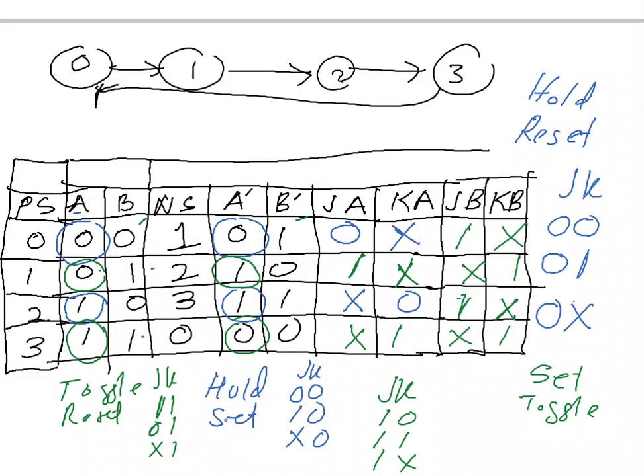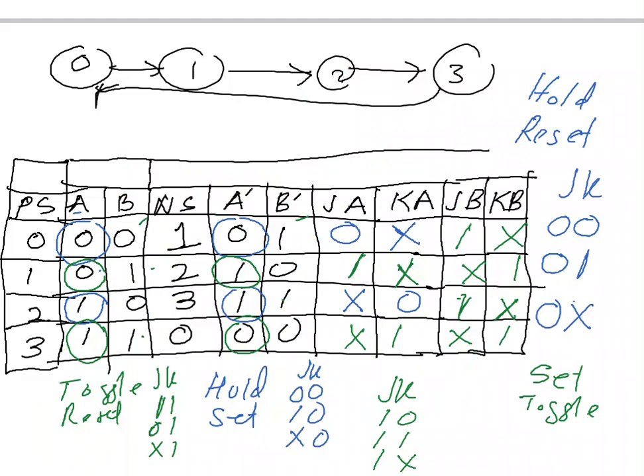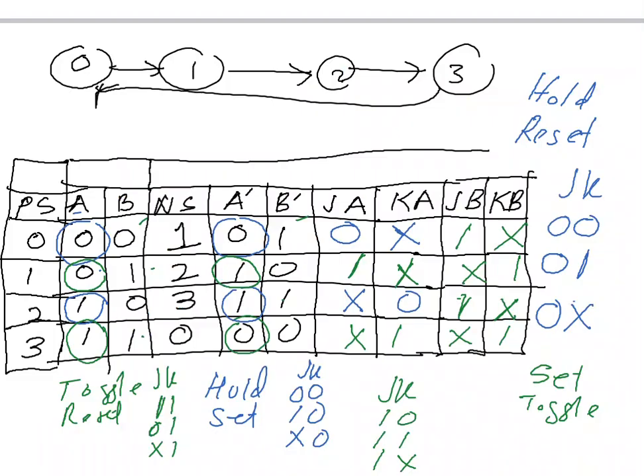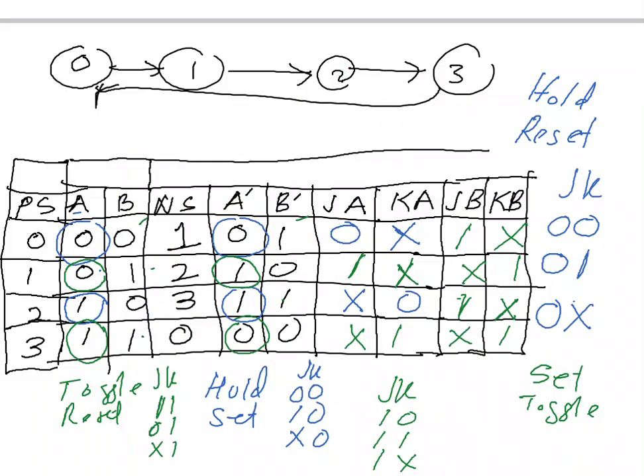Okay, so let's compare with the answer here in your slide, whether we have the same: 1x, x1, x1, 0x, 1x. Okay, we have the same answer. So that's how you draw the excitation table, the second step in designing the synchronous counter.